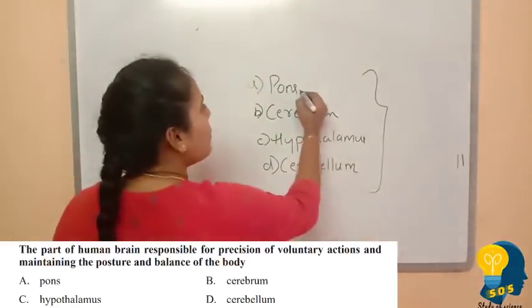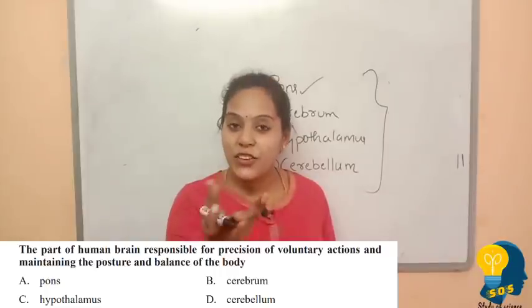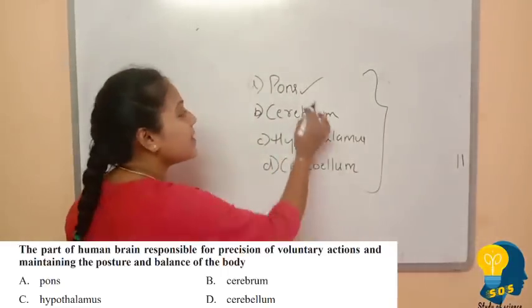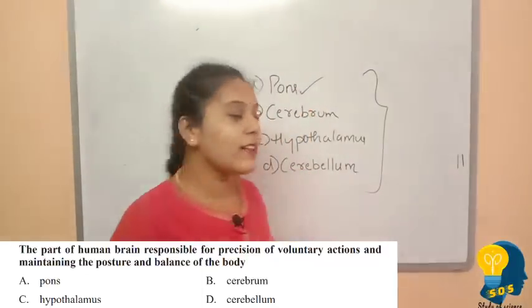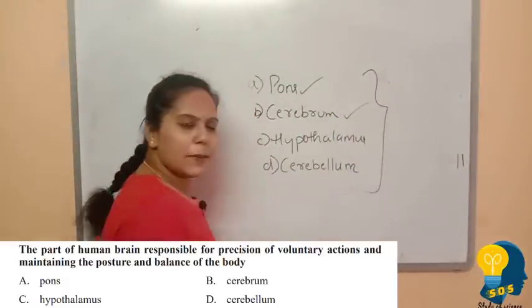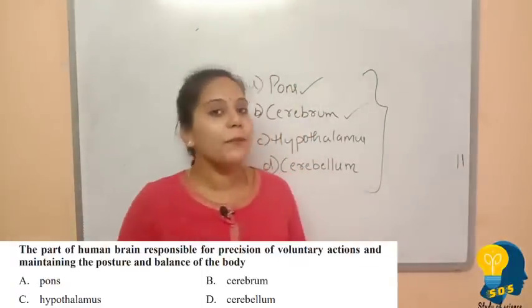When we talk about the pons, the pons in our brain is responsible for exchanging messages between the brain and the spinal cord. So that is the function of the pons. And when we talk about the cerebrum, in simple words, it is the thinking part. It is the largest part of the brain.